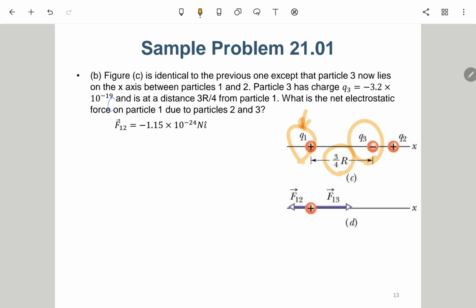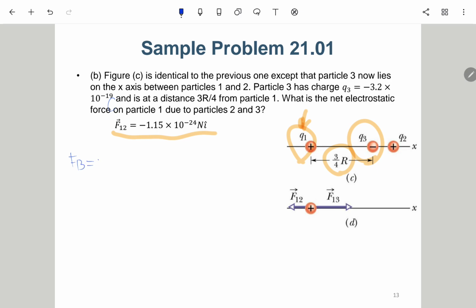But here we have two additional charges on the right side, so there will be two forces acting on Q1. But Q1 and Q2, the relative distance doesn't change, so F12 should remain. So we don't need to compute it again. So what we need to calculate is only F13.